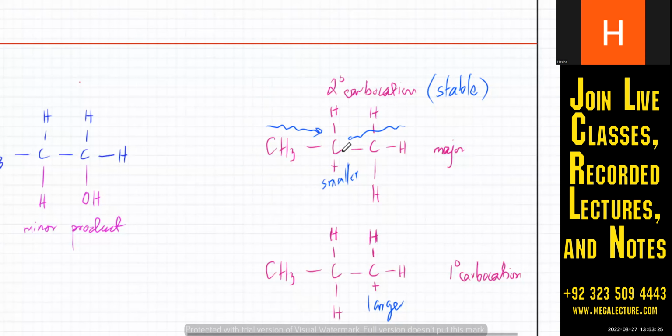Yes, sir. In total, you've got 9 electrons on this side. You've got 9 electrons on this side as well. I mean, CH3 has 9 electrons, right? So the point I'm trying to make is that the positive charge is smaller in size on this carbon atom. Is that point clear? Yes, sir. As compared to that, if you look at a 1-degree carbocation, it's surrounded by more hydrogen atoms, right?